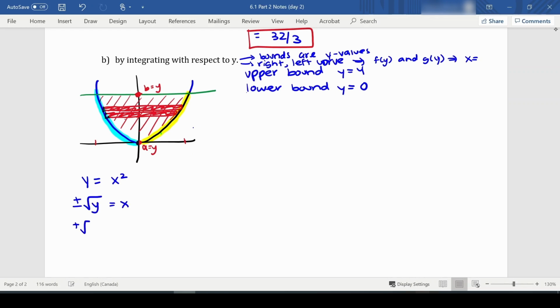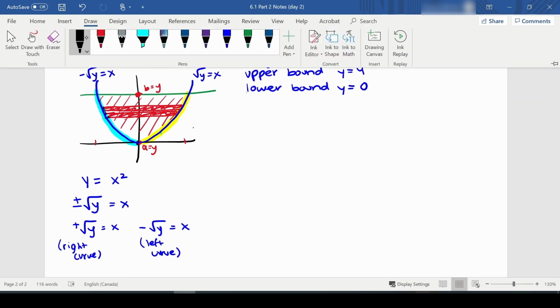Okay, so plus root y is one equation, and negative root y is our other equation. Well, if I think about this right-hand side is our positive root y, and this left-hand side is our negative root y. So our right-hand curve is the positive, and the left-hand curve is the negative.